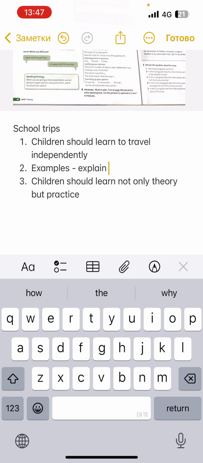Because independence will help them in the future, and it will be easier to learn if they are given independence at an early age. And for example, if they go to Burabay for a trip, they will learn how to camp and help each other in all these kinds of things.